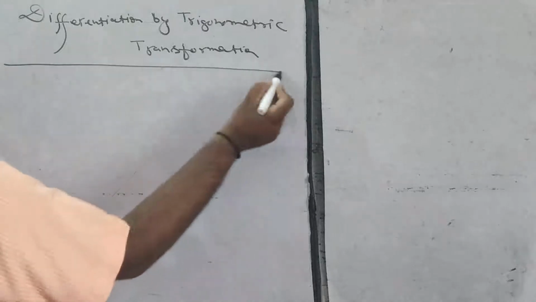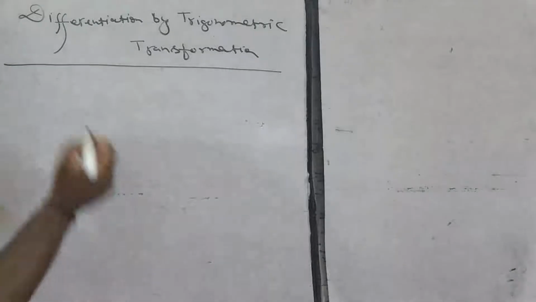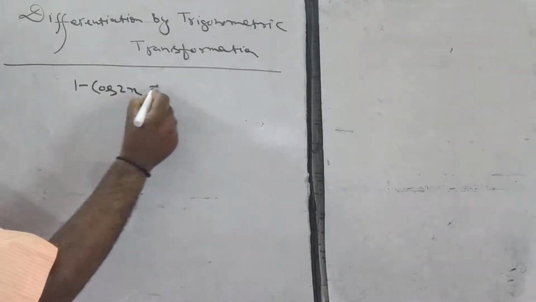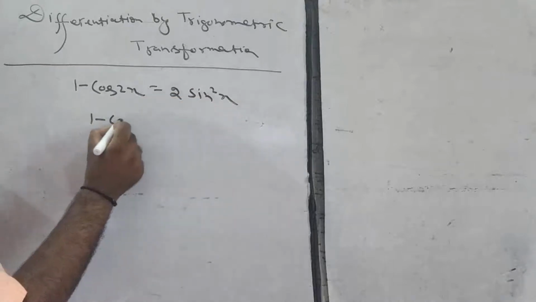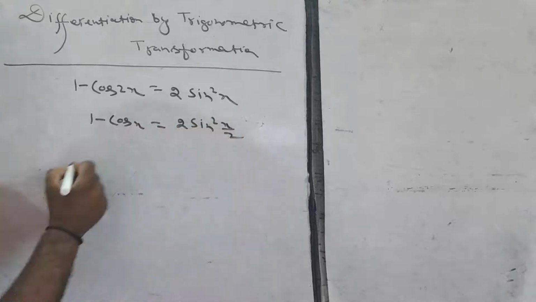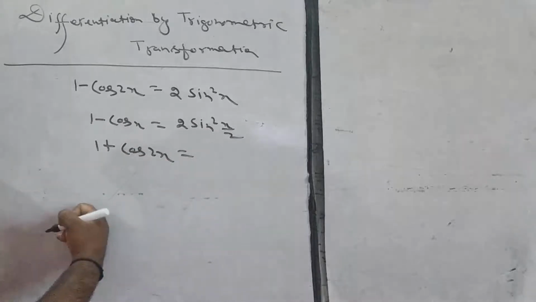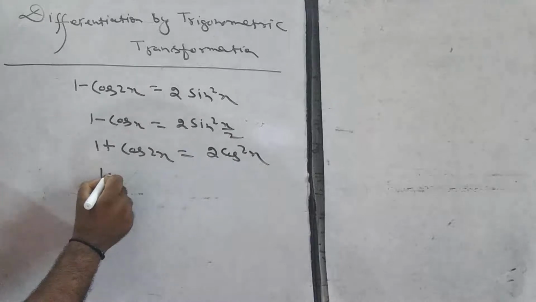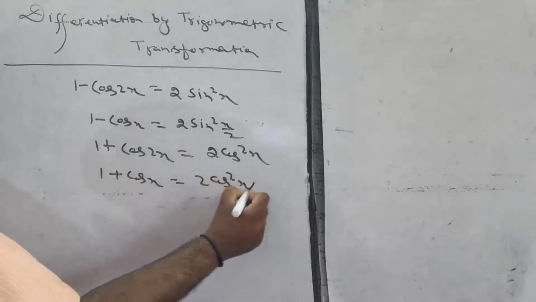So in this topic we must remind ourselves of some formulas. 1 minus cos 2x is equal to 2 sin square x, or 1 minus cos x is 2 sin square x by 2. 1 plus cos 2x is equal to 2 cos square x, or 1 plus cos x is equal to 2 cos square x by 2.